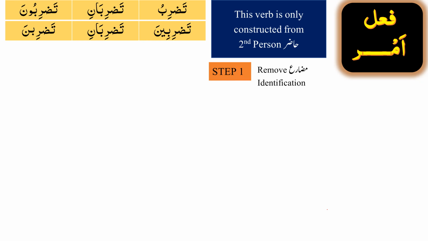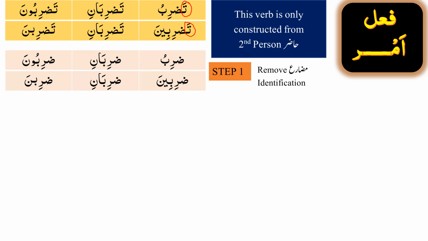So the first step, can you read, Dr. Smita? Step 1, remove mudare identification. Yes, remove mudare identification. What is the identification of fi'l mudare in the chart, sisters? The symbol, the ta symbol. Yes, these are the identifications of fi'l mudare, so we will remove them from all. Second step, make the verb majzoom.